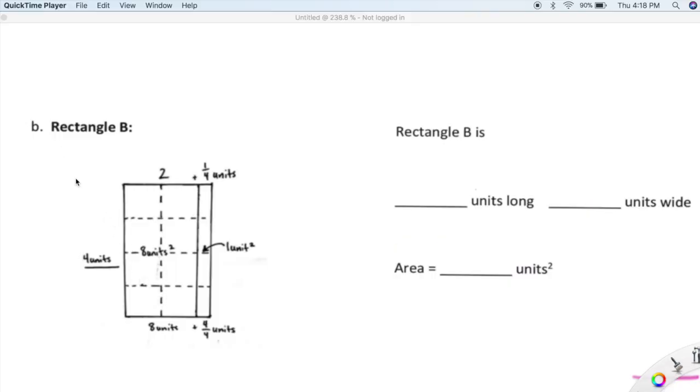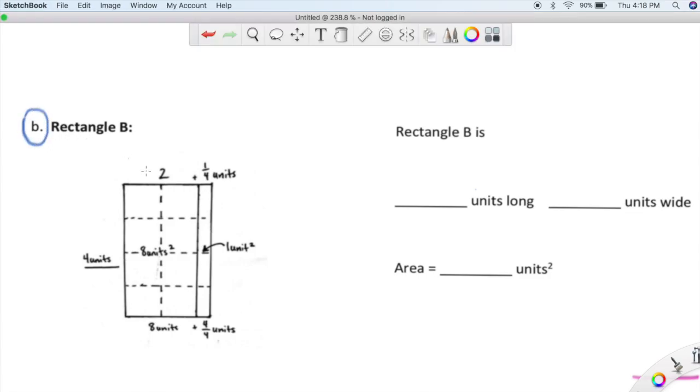Okay, kiddos, we are going to look at another rectangle here. Let's look at rectangle B. As you can see here, we are already given a rectangle with the dimensions provided, and now we are going to have to consider what the area is. We're still using the tiling method here. So let's first figure out what is the expression that we can derive from this rectangle.